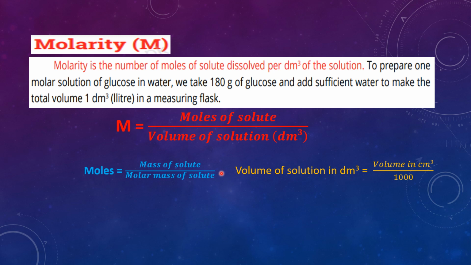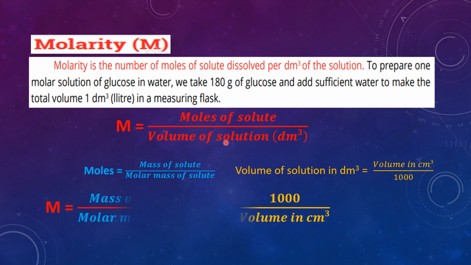So when we put these values, it is the number of moles and it is the volume of solution in cubic decimeter. When we put these values in the above formula, we get moles of solute equal to mass of solute divided by molar mass of the solute, and the volume of solution is volume in cubic centimeter divided by 1000.